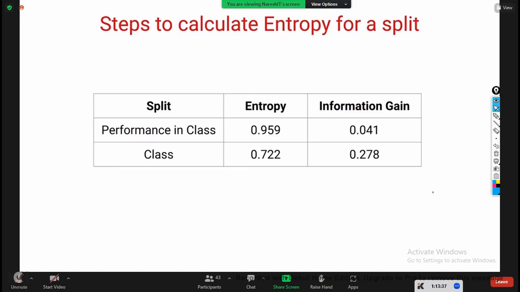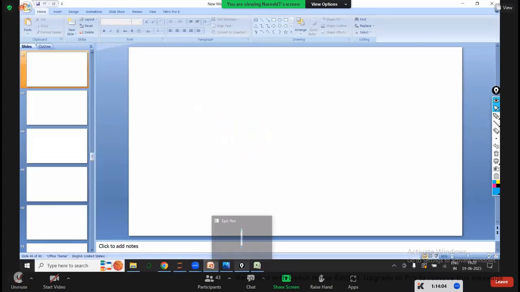If the input variable is continuous, like in the earlier example, age and savings, and the output variable. What is the age column? Continuous. What is the savings column? Continuous. In that example, how am I going to calculate the Gini then? How can I calculate the input with respect to information gain? For continuous variables, we have to go with the variance.